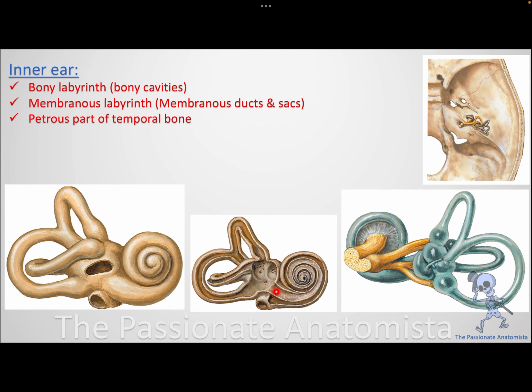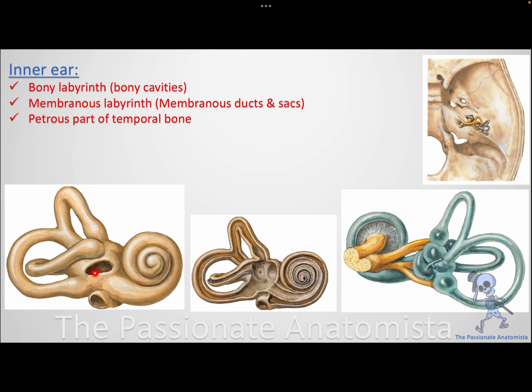Now, we have a bony labyrinth, and that bony labyrinth is filled with perilymph. And inside the bony one, we have a membranous labyrinth, and inside the membranous, we have the endolymph. Now, what are the parts of the bony labyrinth?